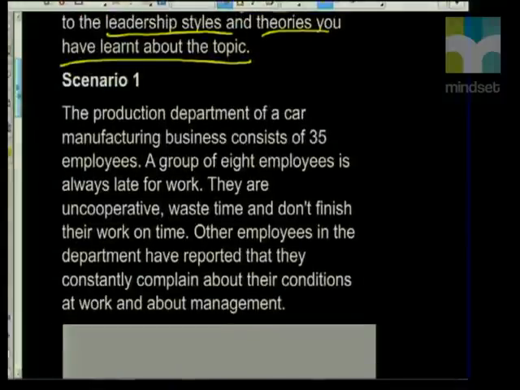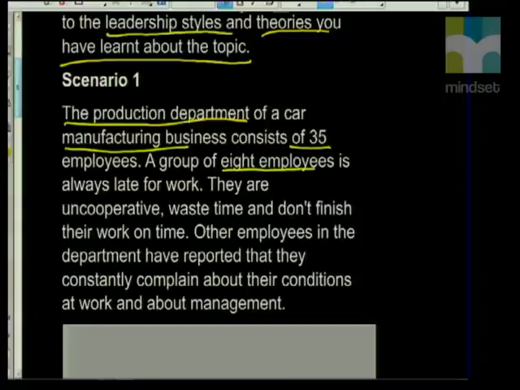The first scenario: the production department of a car manufacturing business consists of 35 employees. A group of 8 employees are always late for work, and they are uncooperative. They waste time and don't finish their work on time.